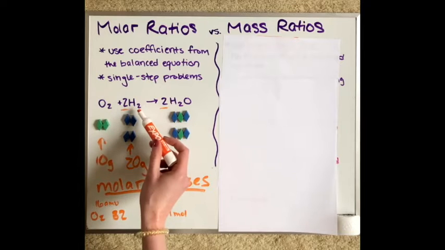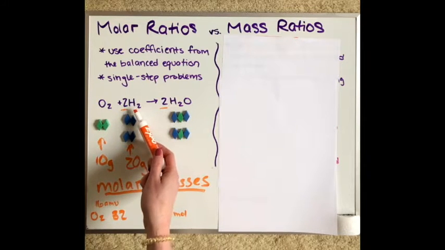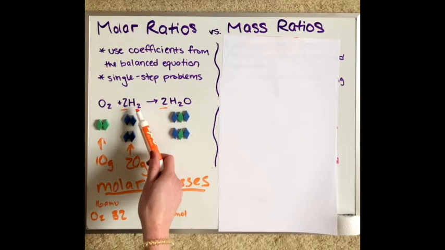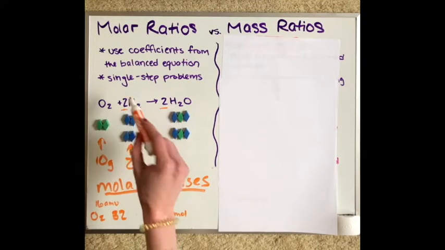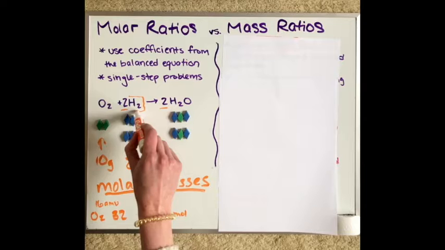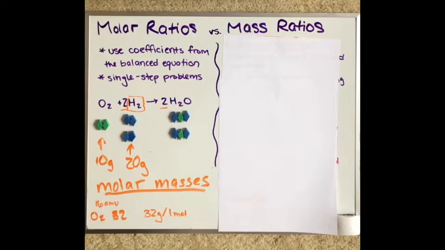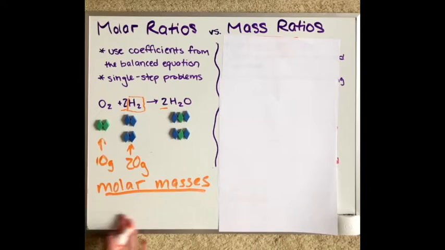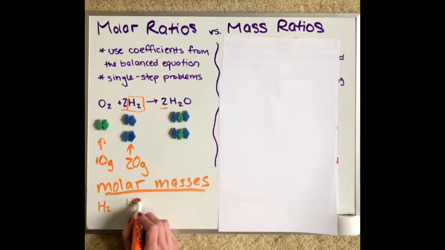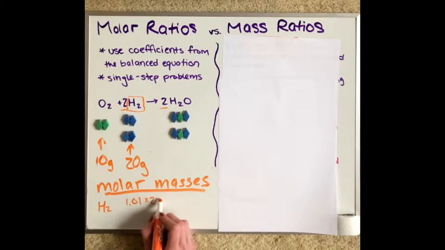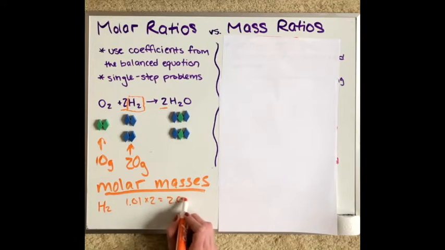For hydrogen, hydrogen is super light. The atomic mass of hydrogen on the periodic table is 1.01. So if you were to find the molar mass of H2, that would just be 1.01 times 2, 2.02 grams per mole.